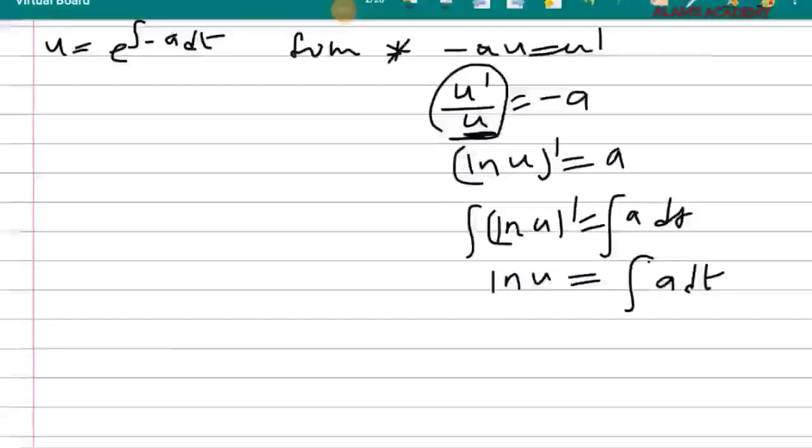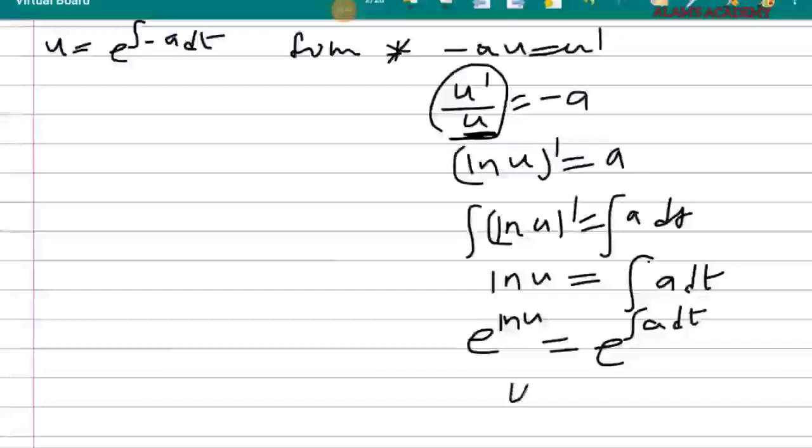So I will leave it as integral of a dt, and so you further take e on both sides. So I have ln of u is equal to integral of a dt. Okay, now u is equal to e exponent integral of a dt.